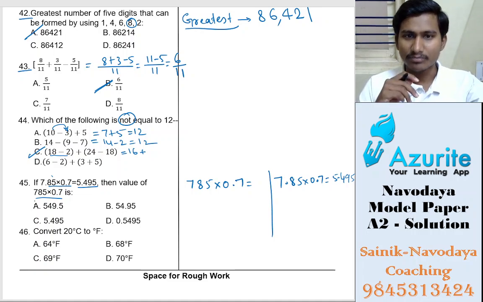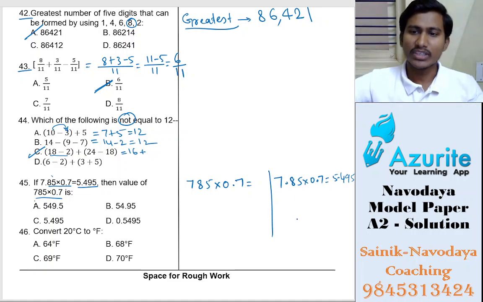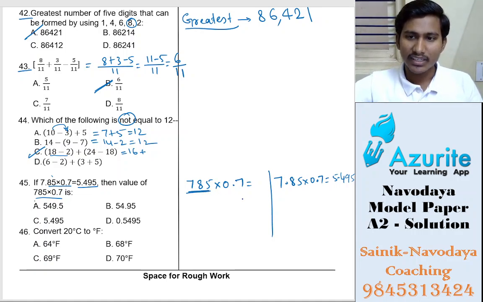So this is given. So we have to find what? This one answer, right? So if you see, there are no decimal places here, right? So what do we have to do? To remove the 2 decimal places from this, we have to multiply with 100. If you multiply with 100 here, you also multiply after the equal sign with 100, okay? Now here 0.7 is the same as 0.7, right?